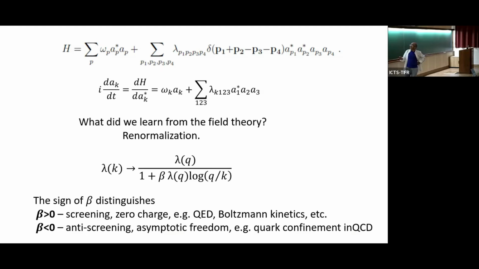So you want to ask how it actually depends on this k. And of course, you assume that this lambda is somehow small. So you do perturbation theory, you start expanding. When you expand, you find out that there will be a quadratic term, cubic term, quartic term.